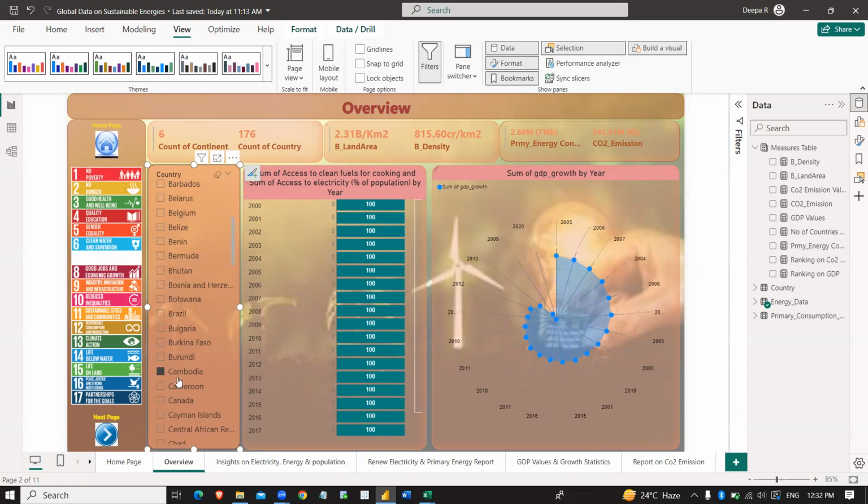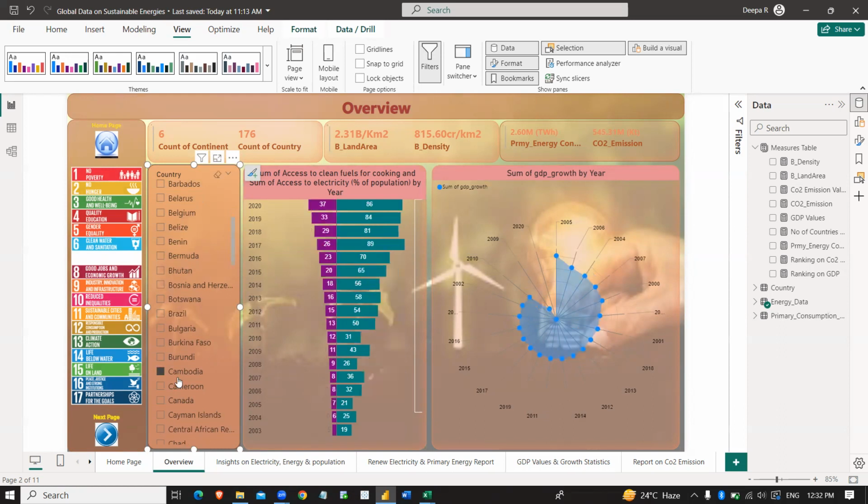Okay, since it is a world data, some of the data were not available. Whichever I have tried and searched, I have entered almost whatever is possible. So when it comes to Cambodia, we can see that in 2020, 86% population is having electricity, whereas only 37% of population is having access to clean fuels for cooking.